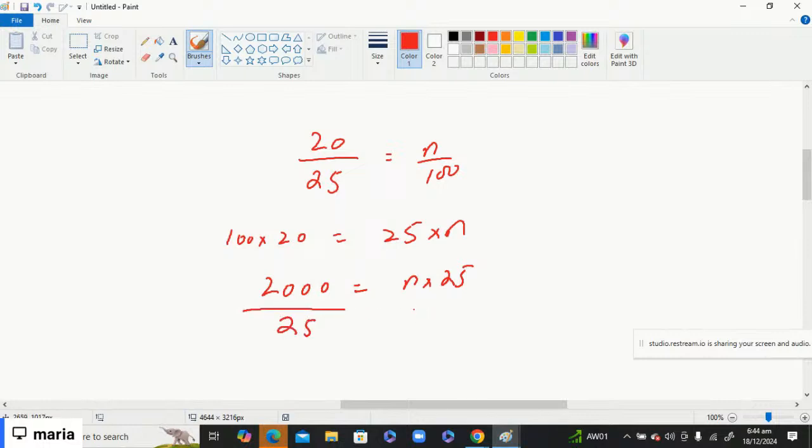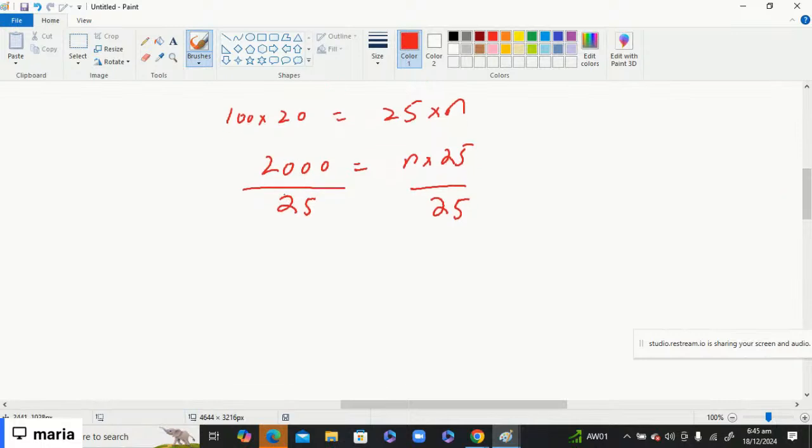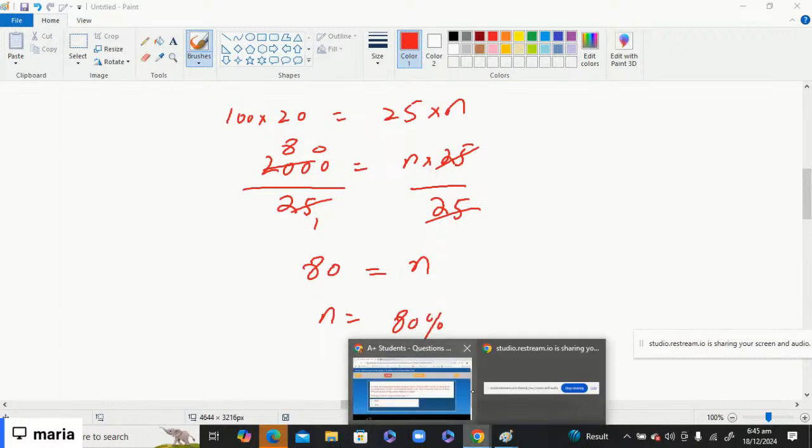Dividing on both sides by 25, what's the answer? 25 times 8 is 200, and then the 0 is the same. 80 is equal to n. So n is equal to 80%.